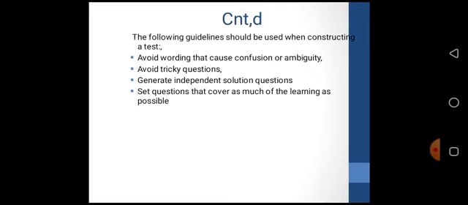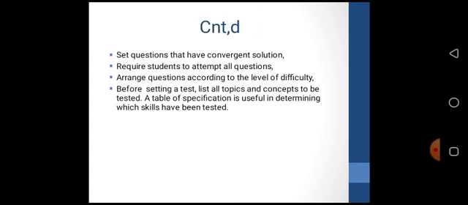Generate independent solution questions. Set questions that cover as much of the learning as possible. Set questions that have convergent solutions. Require students to attempt all questions. Arrange questions according to the level of difficulty.